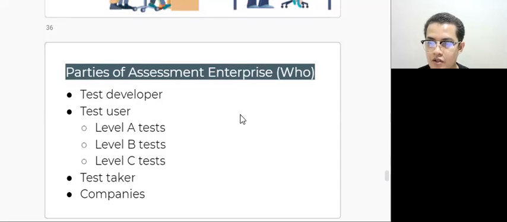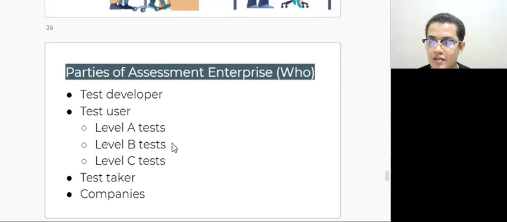Basically, test developers are those individuals who develop and design the test. Next is the test user. Now, test users may range from the psychologists, professionals, and psychometricians, other clinicians, counselors, human resource personnel, and the like. Simply, they are the ones who administer the test.